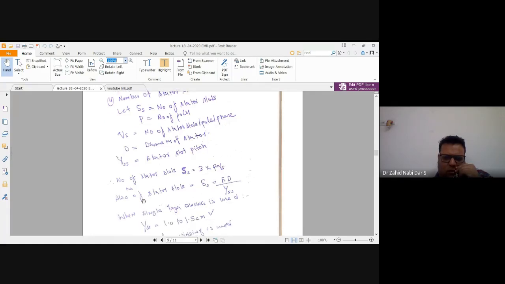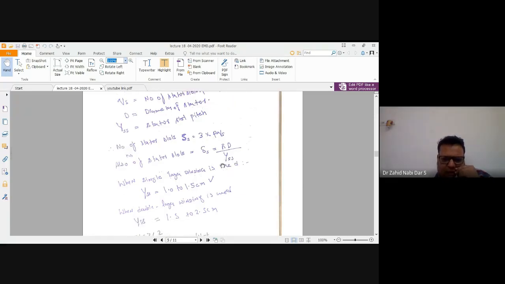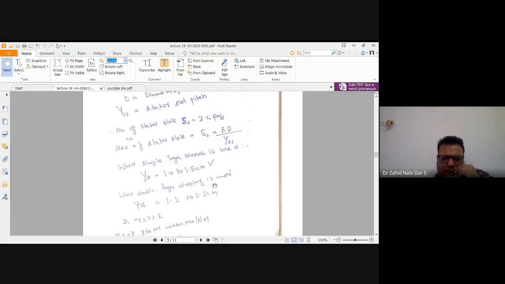And the number of stator slots depends upon the circumference of the stator and the type of winding which we are employing. For example, gamma SS I have written. When this is a single layer winding, the difference between the slots would be 1 to 1.5 centimeter. When this is a double layer winding, then gamma SS would be equal to 1.5 to 2.5 centimeter.